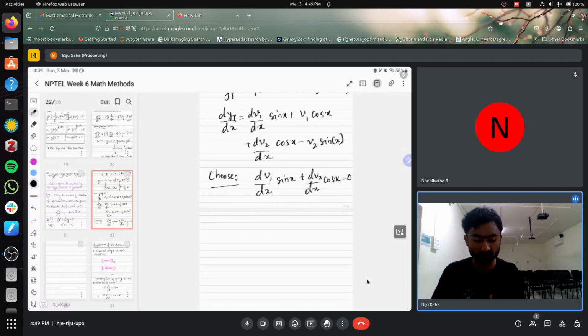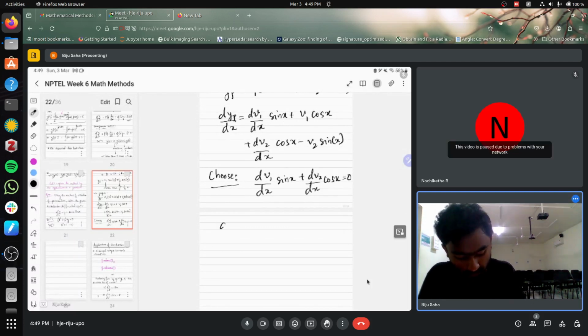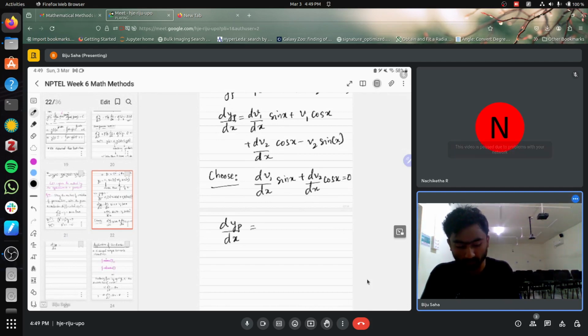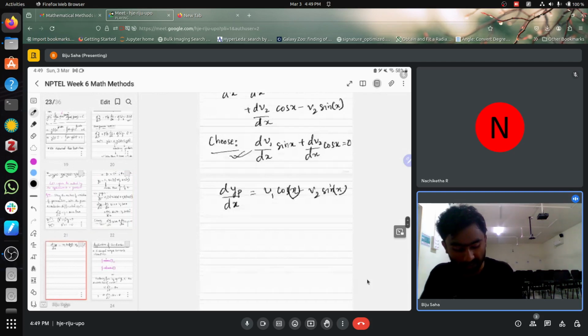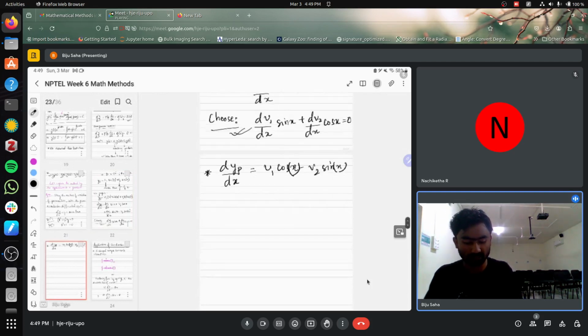So when we impose this particular condition, my d/dx of yp becomes v1 cos x minus v2 sin x. So we have one more restriction on v1, that is here. So after imposing this restriction, this is my first derivative of yp.